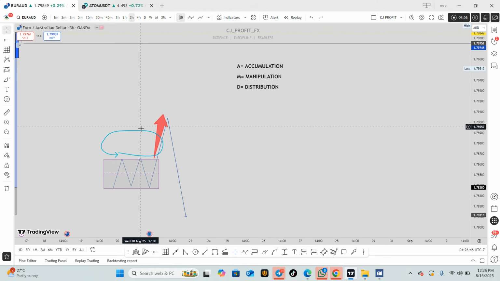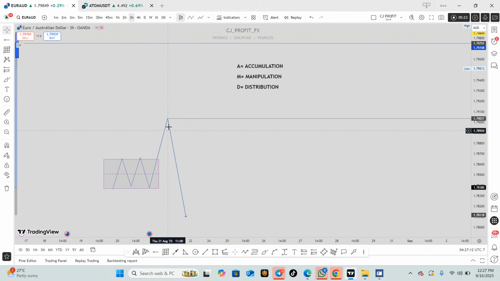Now, when the market was manipulated from this side to the upside, a lot of stop losses or take profits around here have been smashed. So the market has been manipulated and created this area, which is our protected high. This area is our protected high.